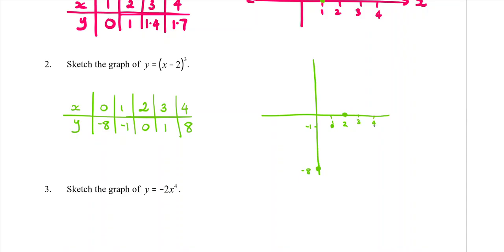So at 3 and 4, we will have 1 and a positive 8 up there. So 3 is at 1, 4 is at positive 8. And then try to make sure you show that lovely cubic bend. As expected, it's just like the normal cubic graph, gone 2 spaces over to the right.